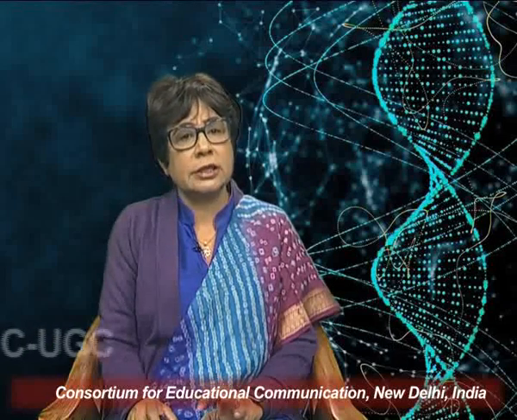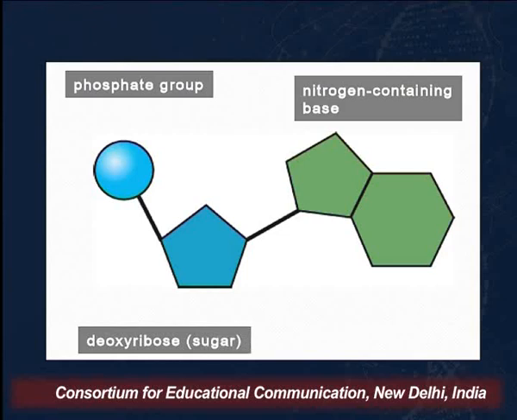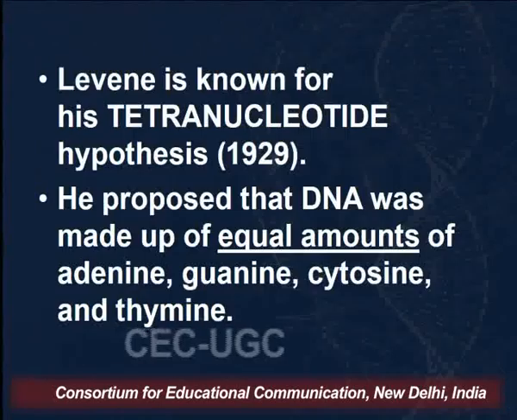On your screens, you can see how a phosphate group is attached to a sugar molecule, which is a deoxyribose sugar, which in turn is attached to a nitrogen containing base. So this is how Levene showed that the phosphate group is linked at the 5th carbon, and the adenine nitrogen containing base is attached to the 1st carbon of deoxyribose sugar.